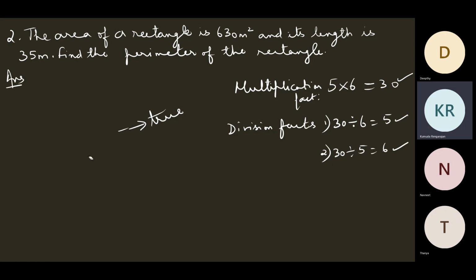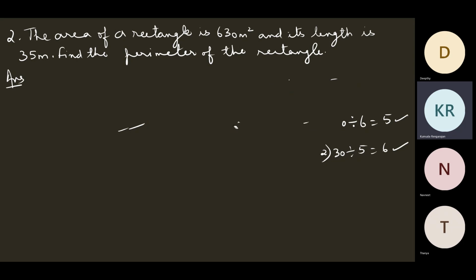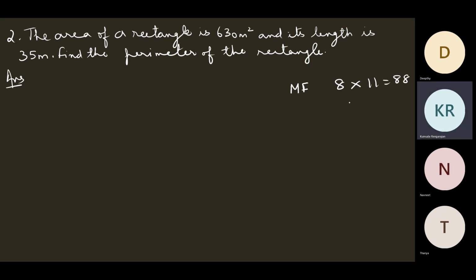Now I'll give you another multiplication fact. Using a multiplication fact, you can write two division facts. I'll write MF, multiplication fact. Supposing 8 into 11 is equal to 88. What are the two division facts?